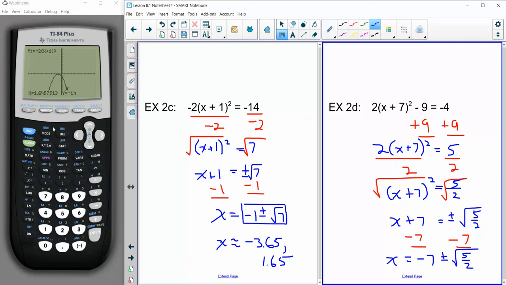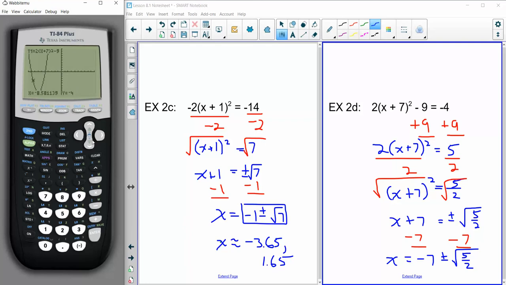Whew. Let's use the calculator again. Clear, 2 times x plus 7 squared minus 9. I'm going to use a standard window here on Zoom 6. All right. So trace it, negative 7 minus the square root of 5 over 2.